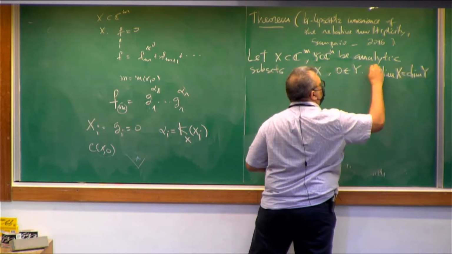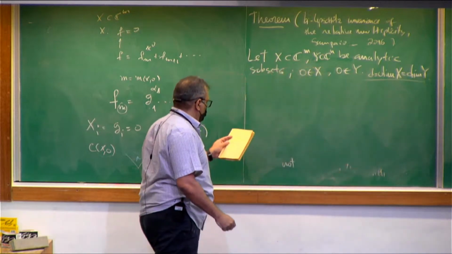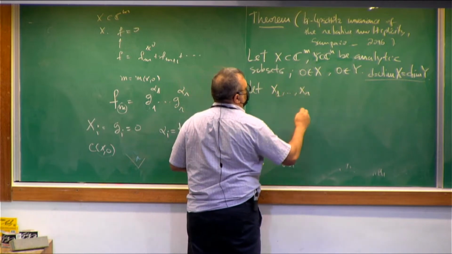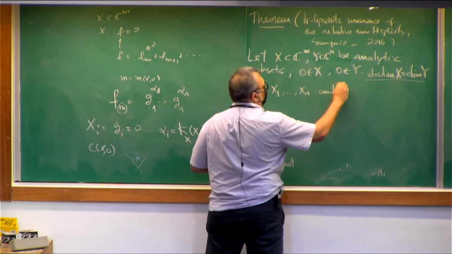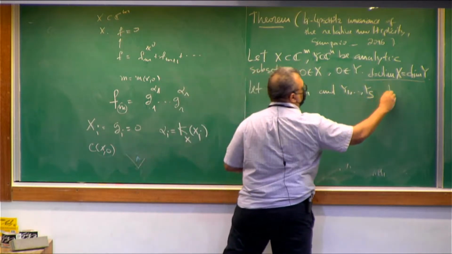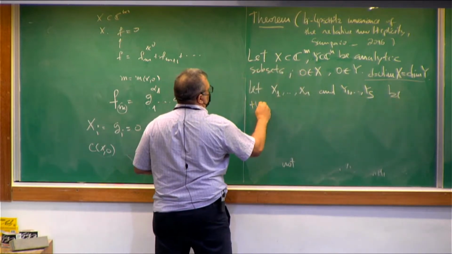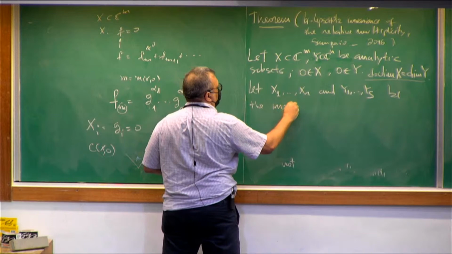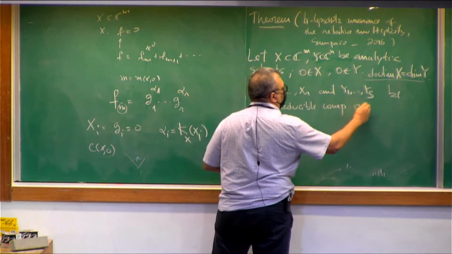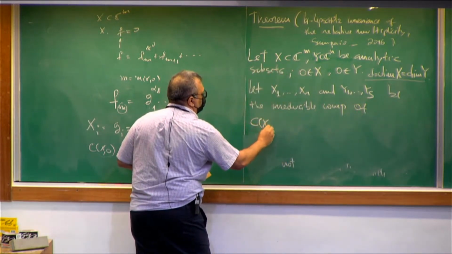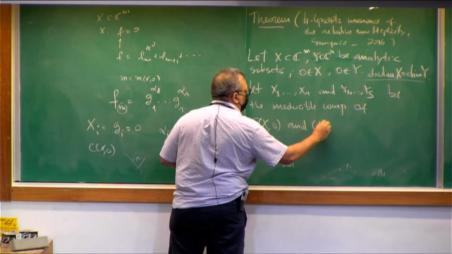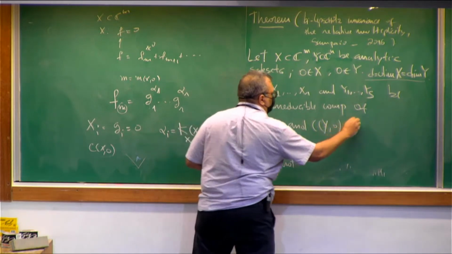Let's say d. Let X_1, ..., X_r and Y_1, ..., Y_s be the irreducible components of the tangent cone of X and the tangent cone of Y, respectively.